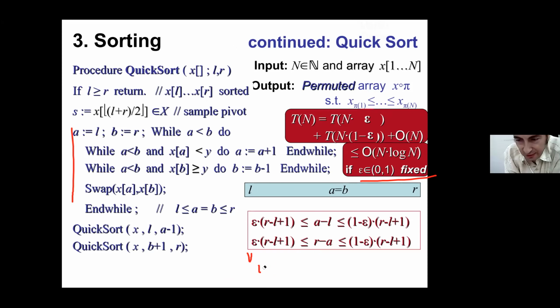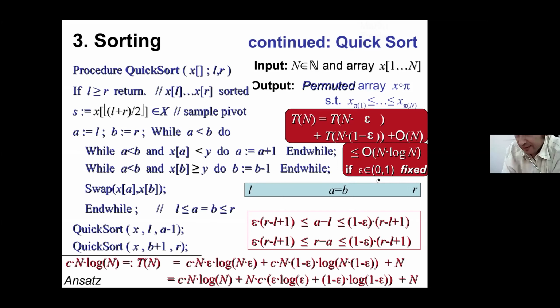And then we said when you can achieve this, you actually get the O(n log n) complexity, which you wanted. The proof was, you cannot use the master theorem, but with this ansatz it is not difficult to see.